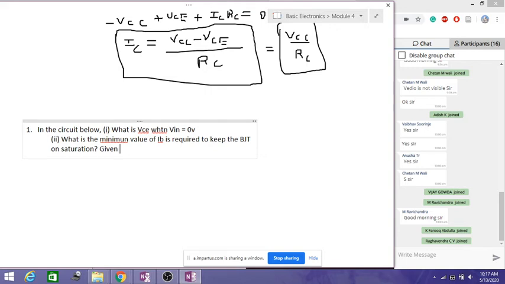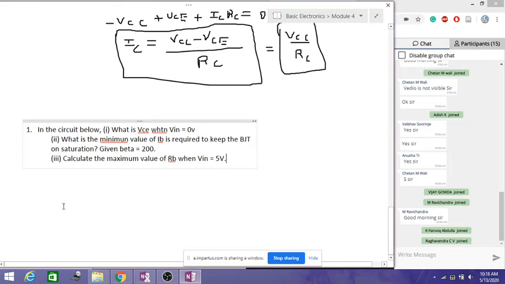given beta equals 200. Third, calculate the maximum value of RB when Vin is equal to 5 volts.